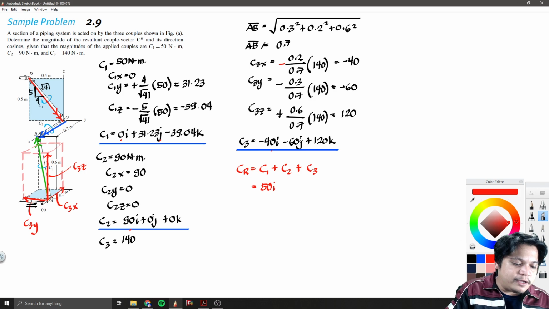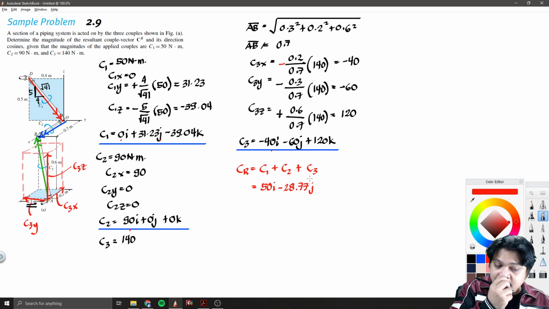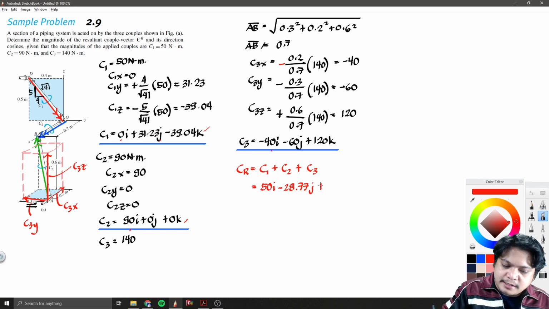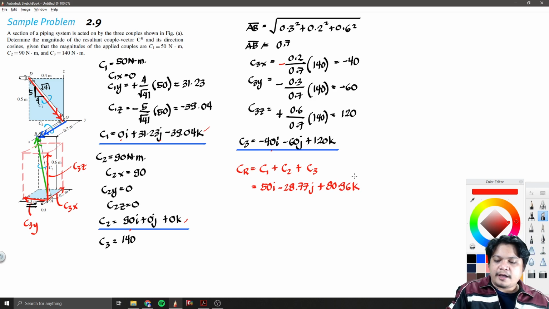So you will be having here negative 28.77 of j. Lastly, negative 39.04 plus 0 plus 120. So you will be having here plus 80.96 of k. Okay, so this is now your resultant couple for this problem.